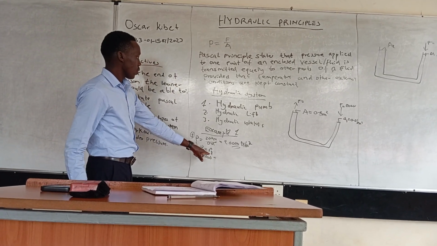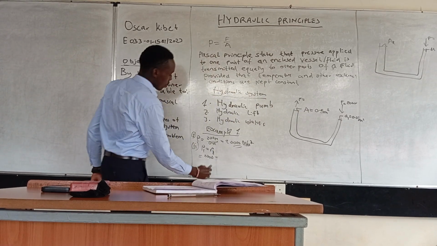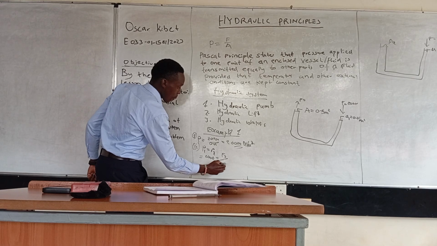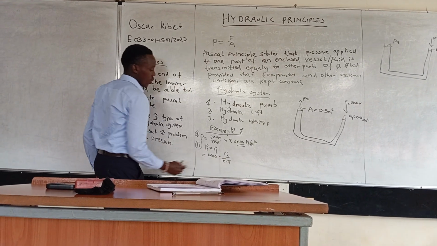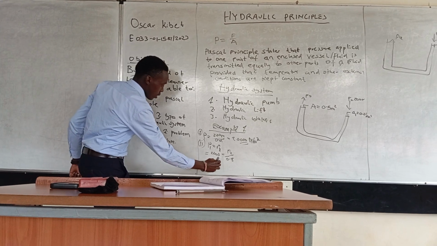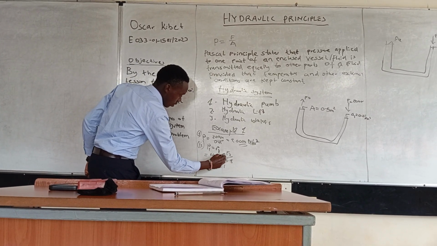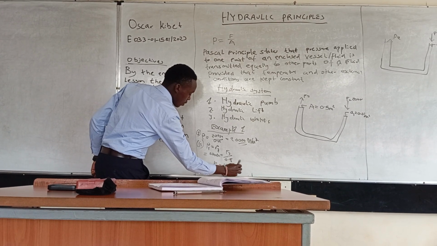But pressure 2 is force 2 over area 2. So force 2, if we cross multiply, we are going to get 10,000 newtons.